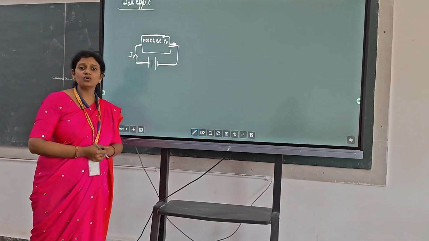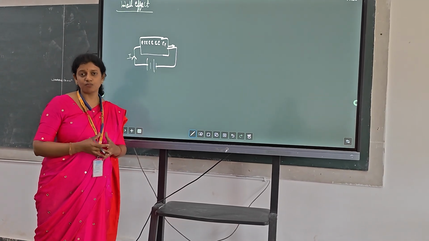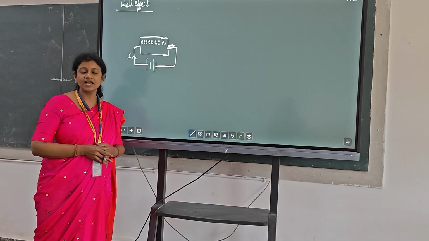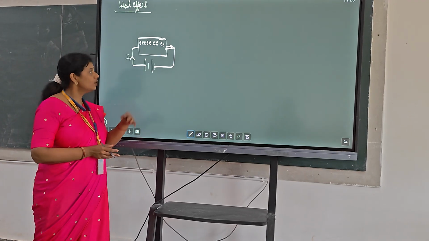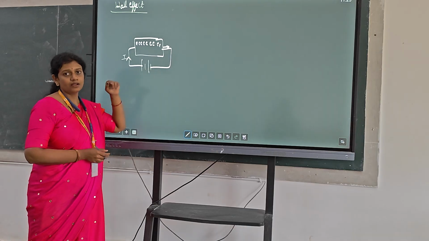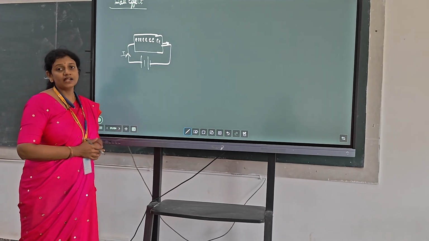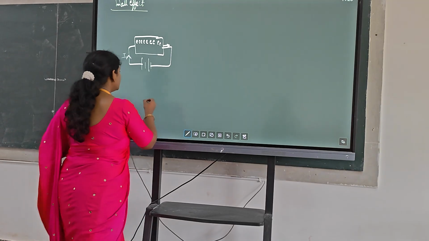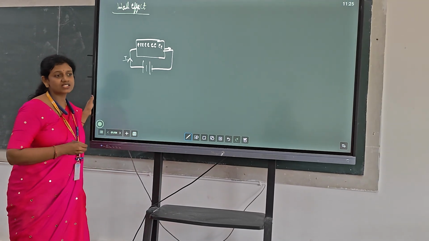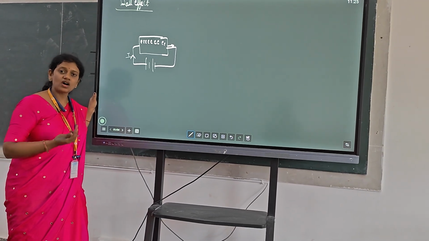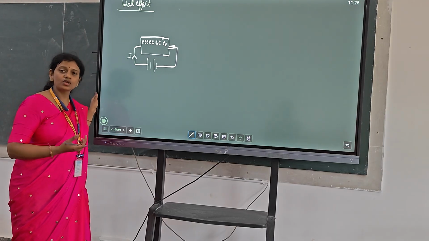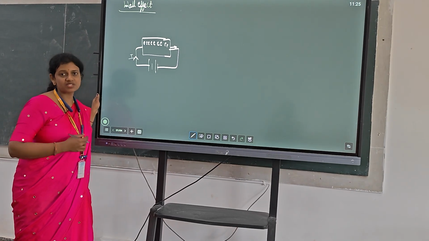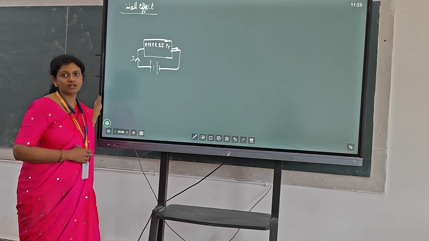If there is no opposition to the flow of charges, then the electrons will flow easily in this conductor. But in the Hall effect, sometimes we take a conductor, or a semiconductor also. Imagine that I have taken an N-type semiconductor, any type you can take.